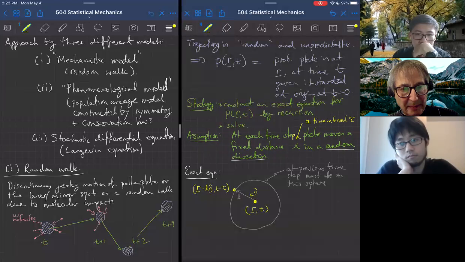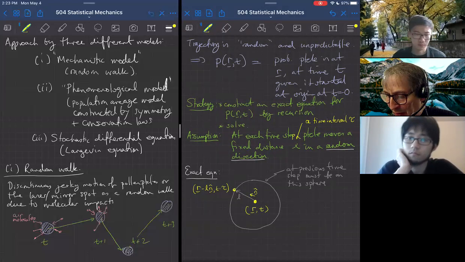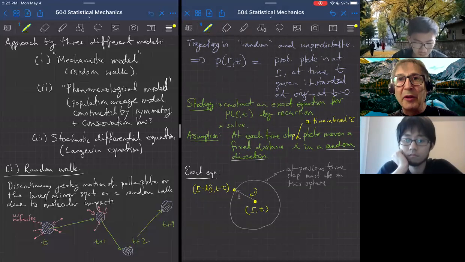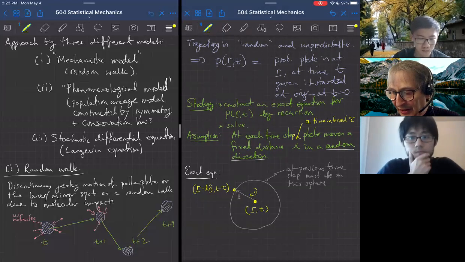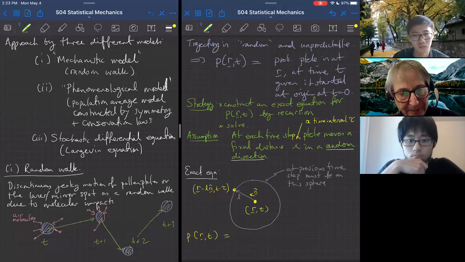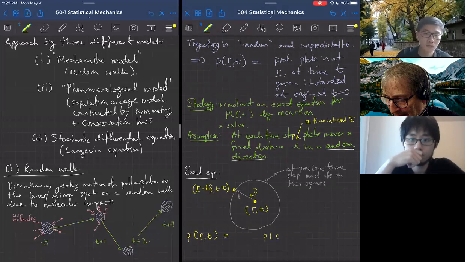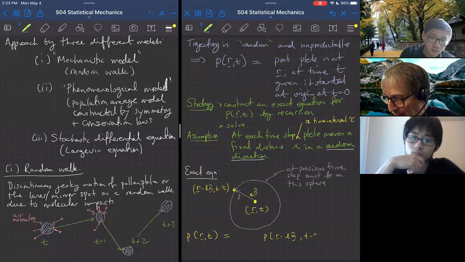Then this is the picture. So what that means is that we can say that it was somewhere on this sphere with uniform probability at time t minus tau. Therefore, the probability of being at r at time t is the probability that you were at some point on this sphere at time t minus tau.